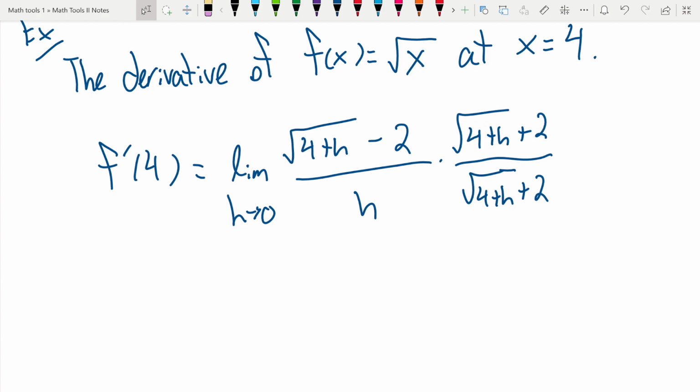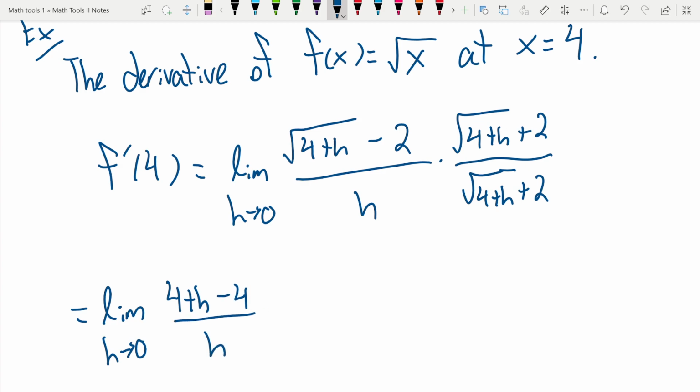So anyway, the reason we do this, of course, is because we now have the difference of squares. So this is the square root of 4 plus h squared, meaning 4 plus h, minus 2 squared, which is 4, over h. So now these are gone. And sorry, there should also be the square root of 4 plus h plus 2 down here as well.